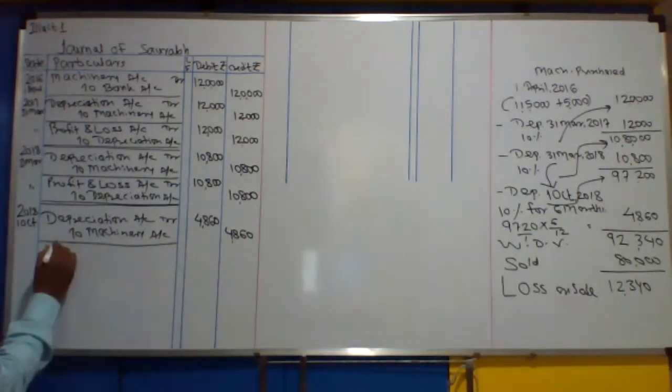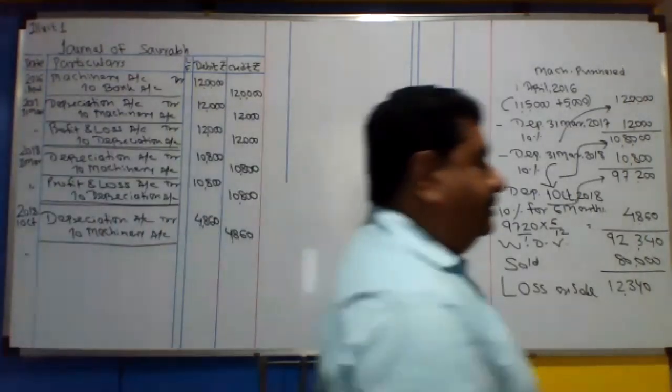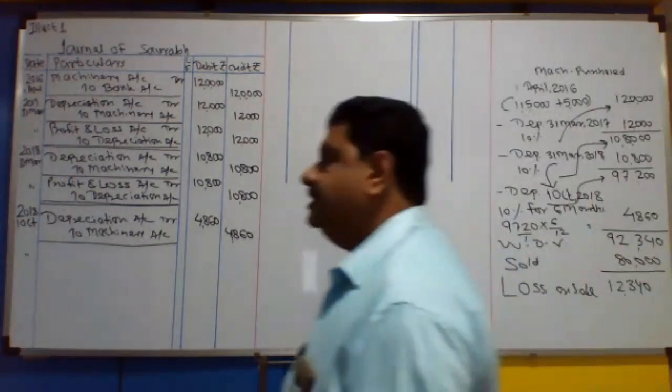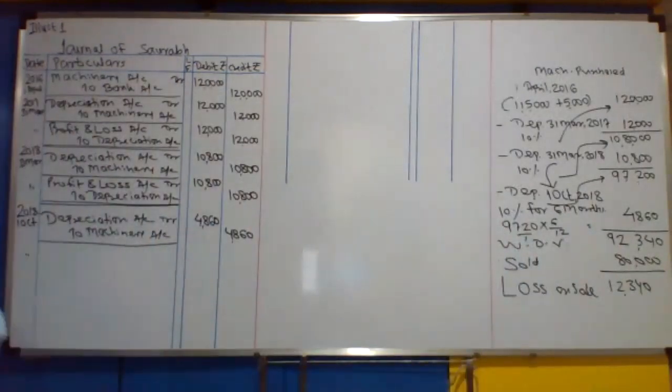Narration: Being 10% depreciation charge for 6 months under WDV, written down value method.